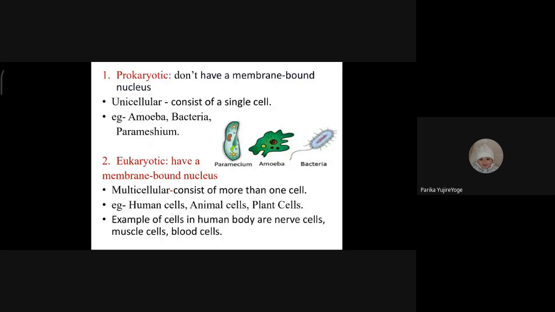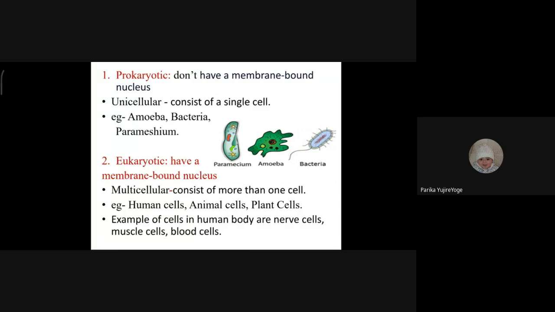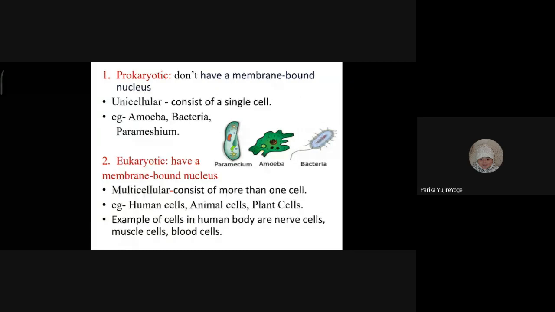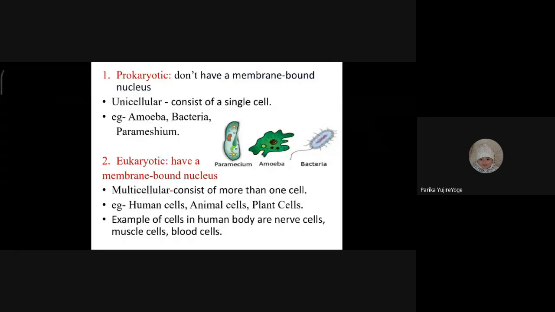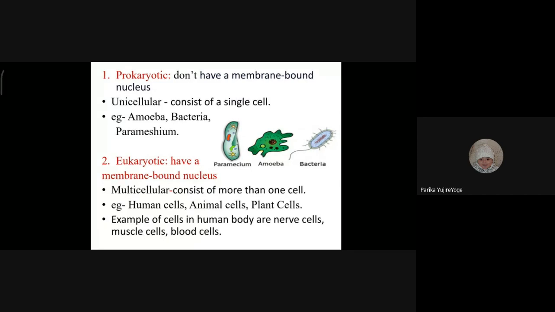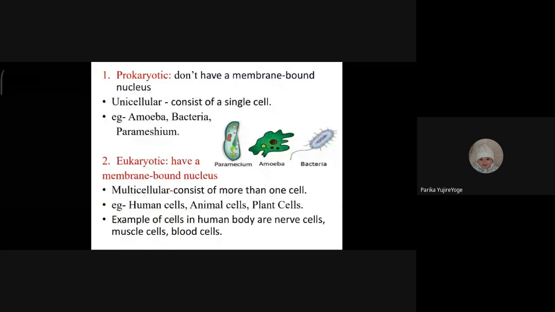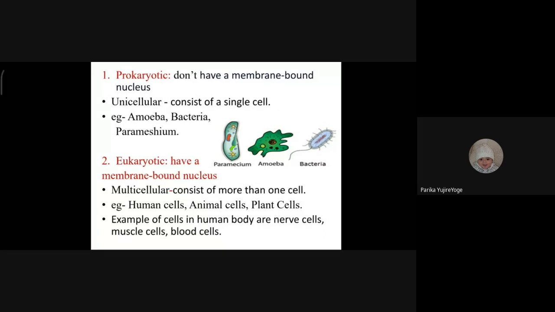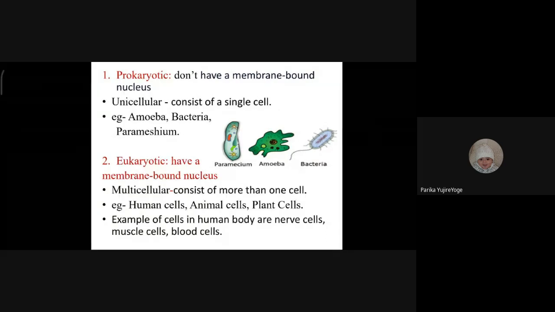So the first was prokaryotic. On the basis of what? On the basis of membrane foundation, cells are divided into prokaryotic and eukaryotic. So what are prokaryotic and eukaryotic? The main difference between prokaryotic and eukaryotic is the cell organelles inside the cell.